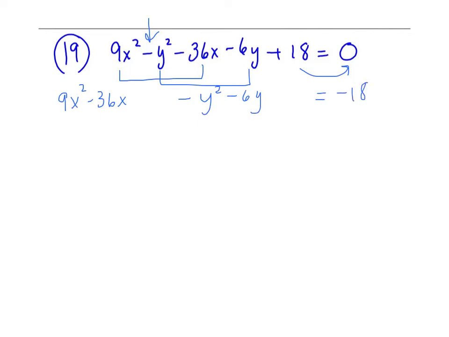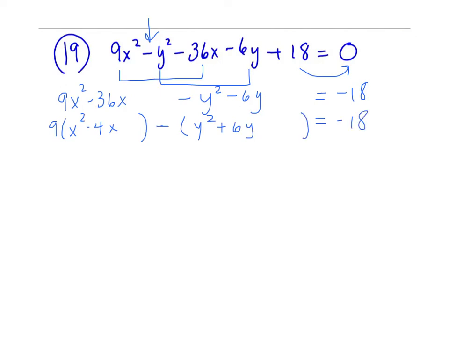All right, so we're going to factor out a 9. So this is x squared minus 4x. We're going to factor out a negative 1. This is y squared plus 6y equals negative 18.